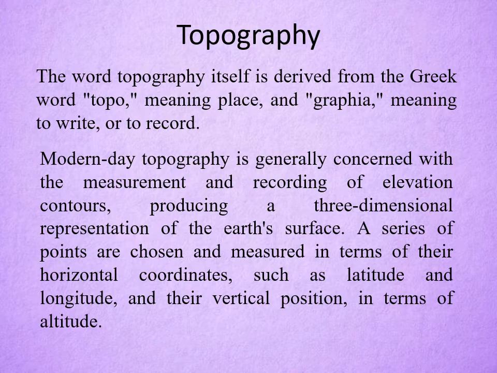So, the subject topography deals with the shape and size of any of these, that may be other planets of the solar system, or any other solar system, any asteroid, or the moons.